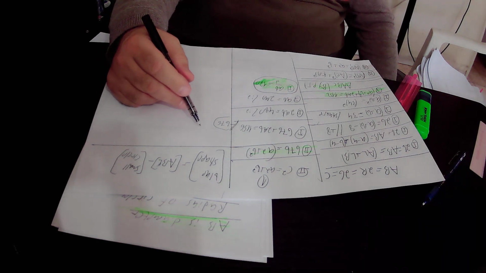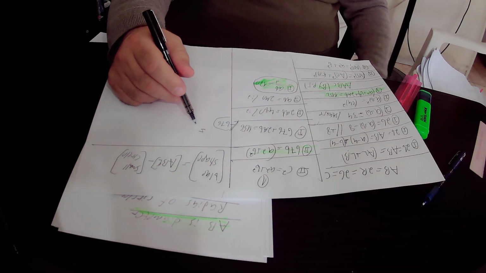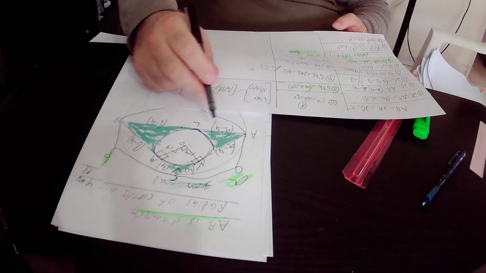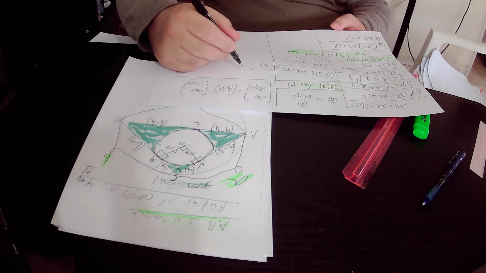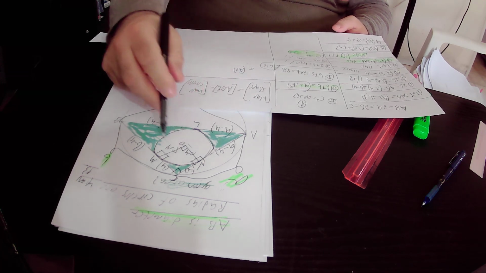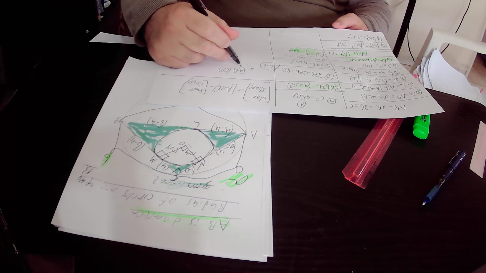So the area of the blue shape equals the area of triangle ABC, minus the area of the small circle. The area of triangle ABC equals the base of the triangle, that is AC, times the height to the base, that is CB, over 2.